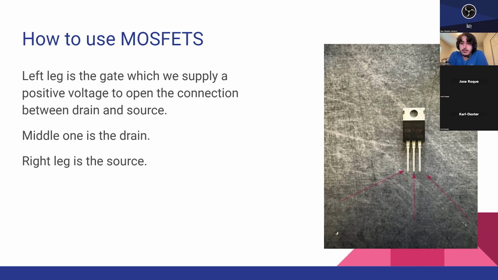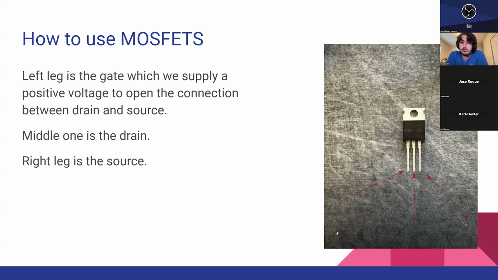I said you can control the power supply by applying power to the left leg, so you can use it as a switch depending on whether you apply power. If you apply power to the left leg, then you can open the little gate, I guess. Right, yeah.